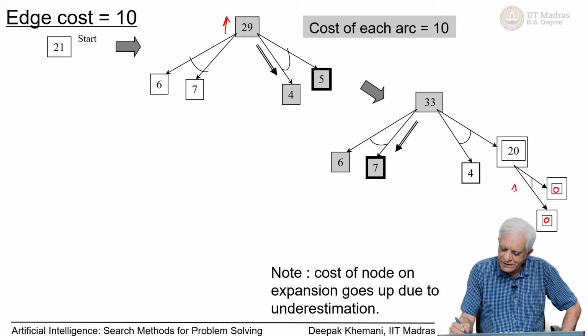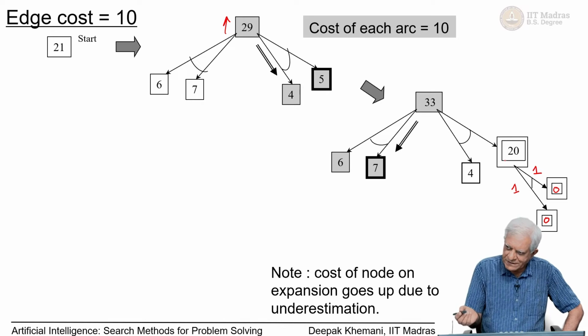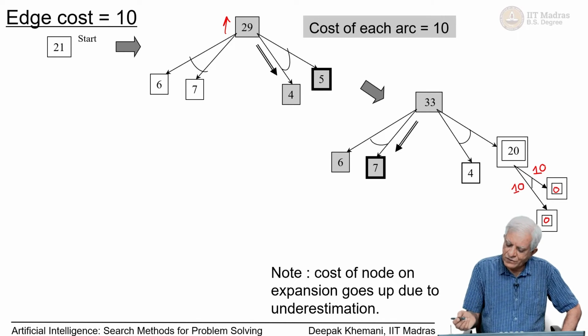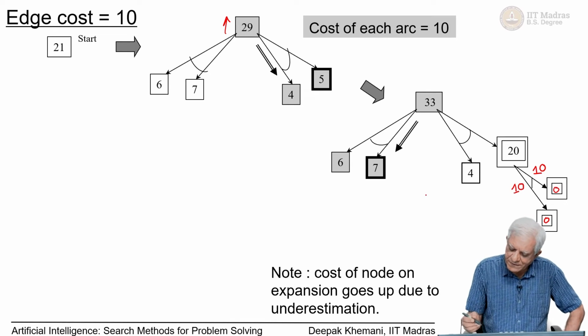Last time this was 1 and this was also 1. So, this 5 actually went down from 5 to 2, but this time these costs are 10. So, it has gone from 5 to 20, which is why this right branch has suddenly started looking more expensive. So, what is the cost of the right branch?